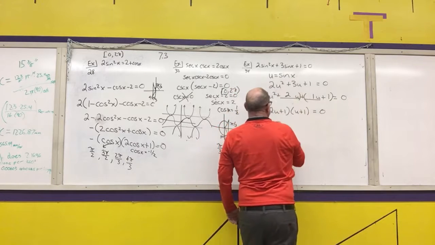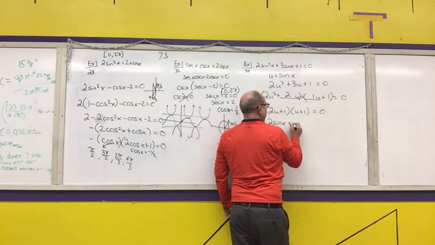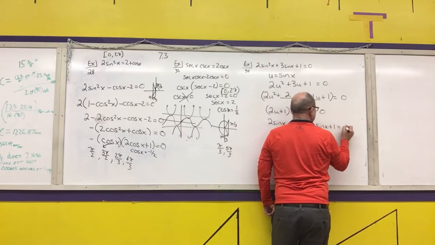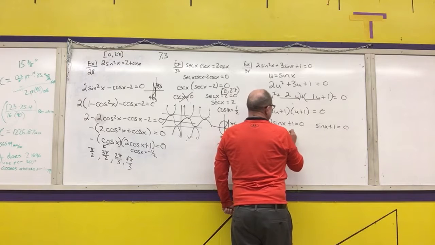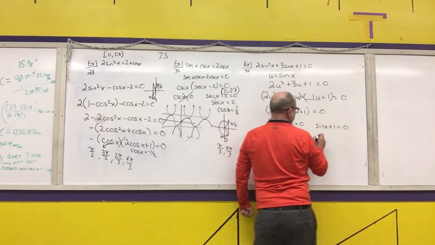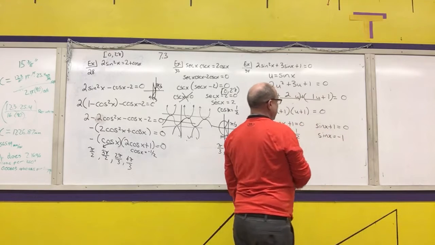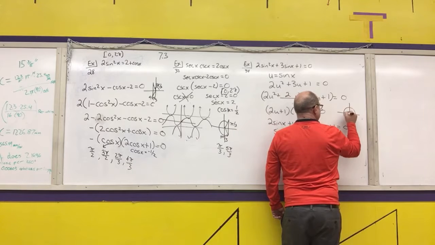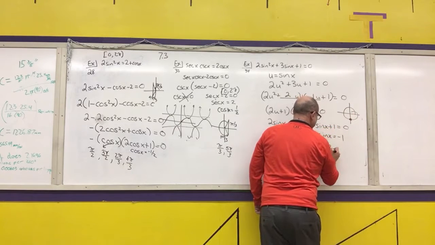Substitute back in here. I get 2 sine of x plus 1 equals 0, and I get the sine of x plus 1 equals 0. This gives me, I want to know when the sine of x is equal to negative 1/2, and I want to know when the sine of x is equal to negative 1. Okay, sine of x is equal to negative 1 at only one point on my unit circle. And that's down there, which would be 3 pi halves.